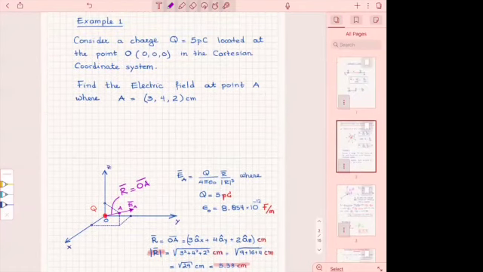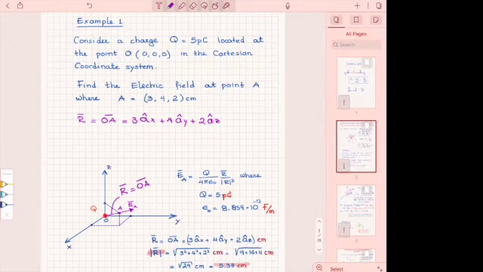So according to that, OA, which is R, is going to be, remember when we wrote this before, the X component of point A, which is 3, minus 0, obviously. So it's 3 AX, plus 4 AY, plus 2 AZ.